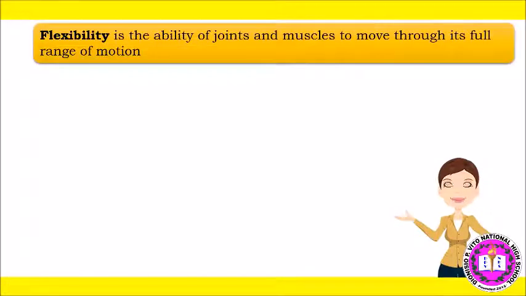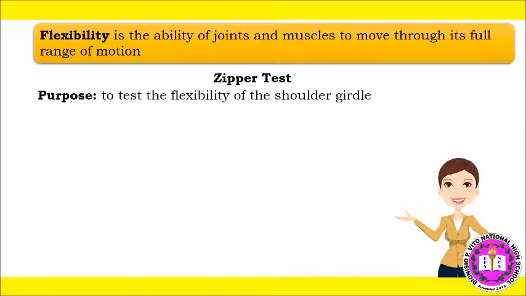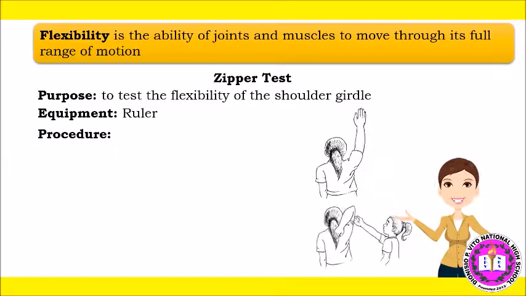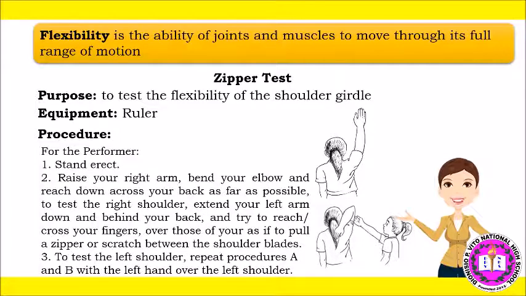Flexibility is the ability of joints and muscles to move through its full range of motion. Zipper test. Purpose: to test the flexibility of the shoulder girdle. Equipment: ruler. Procedure: first, for the performer, stand erect. Raise your right arm, bend your elbow, reach down across your back as far as possible.